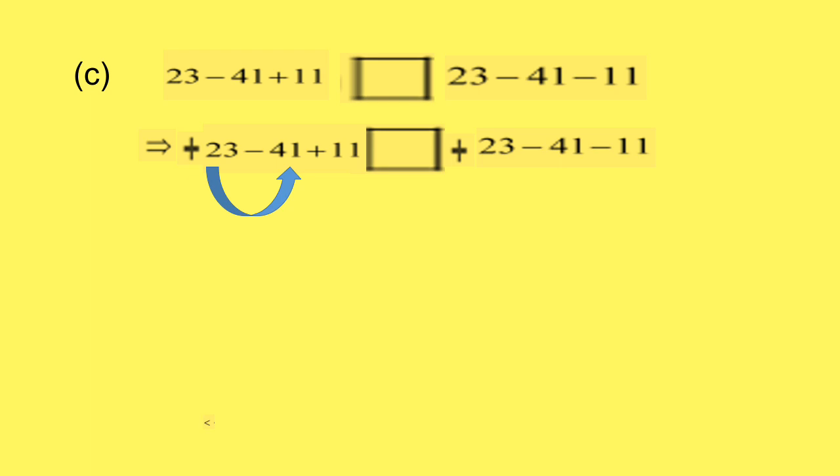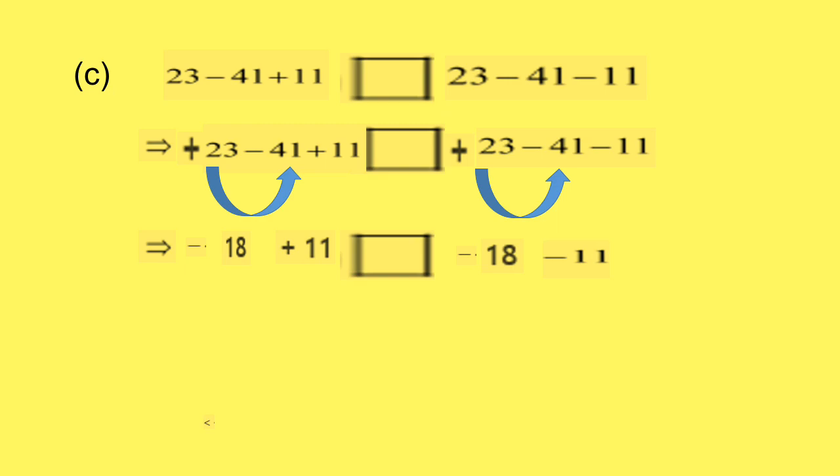So I will subtract 23 from 41 and put the minus symbol because the larger number is 41 and the symbol is minus. I got minus 18, then plus 11 as it is I will write, blank, and then I will solve these two integers, different sign. So I am going to subtract 23 from 41, got minus 18 minus 11.